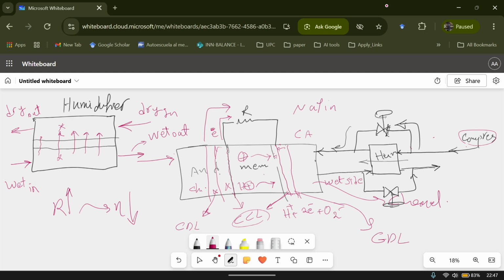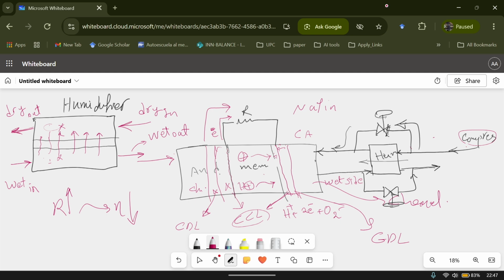That's why the air that enters the humidifier is dry, but the one that exits from the dry side has more water content, as water from the wet side passes through the membrane to the dry side. And here the dry air has enough water content.